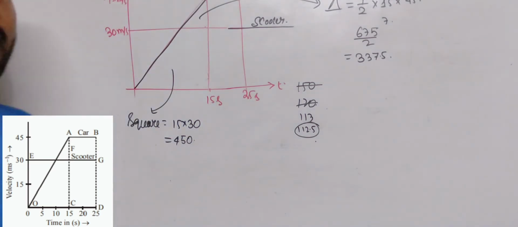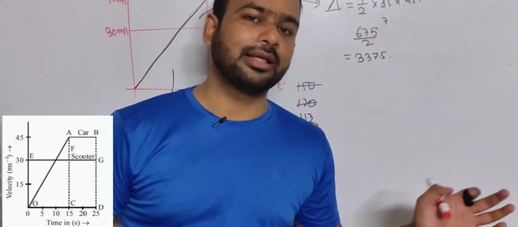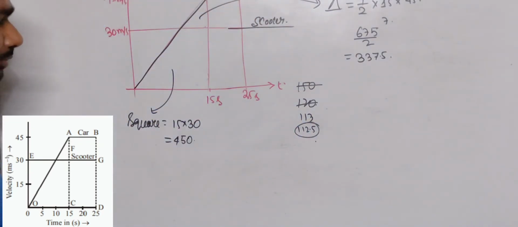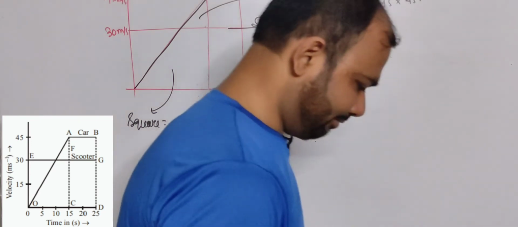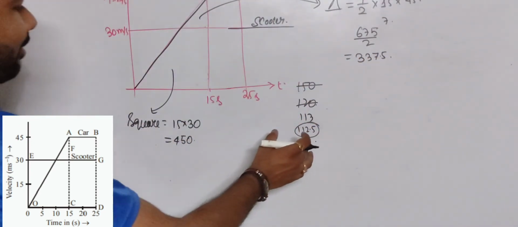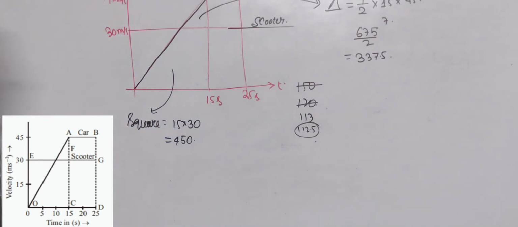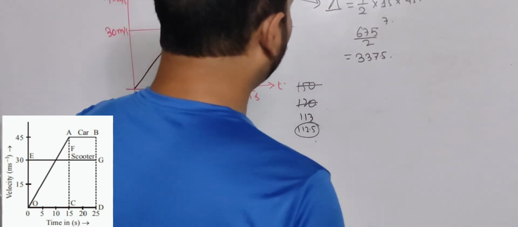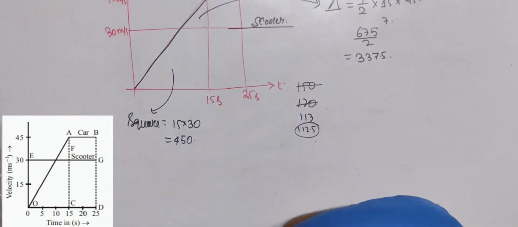That is the difference between the distance of the car and scooter. Option C and D have 112.5 meter as the answer. Now we have to find the time taken to catch up.